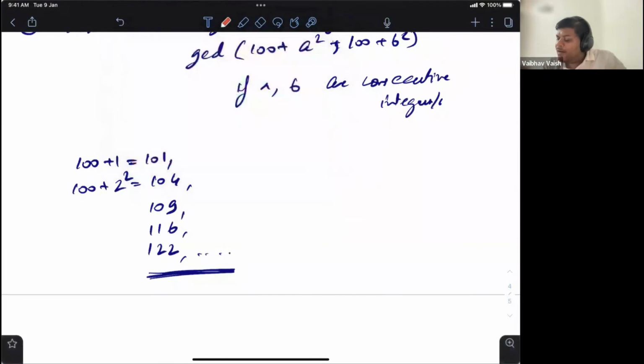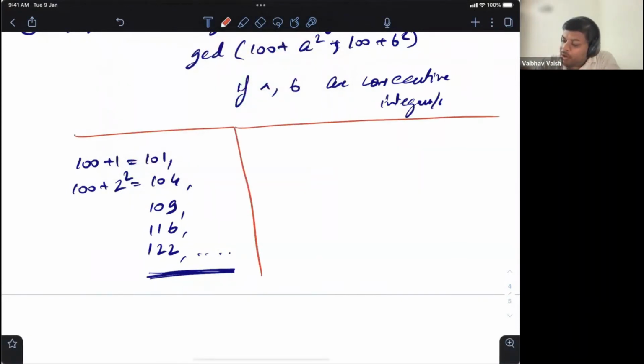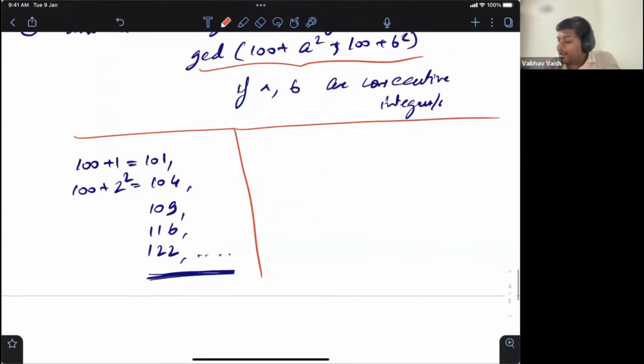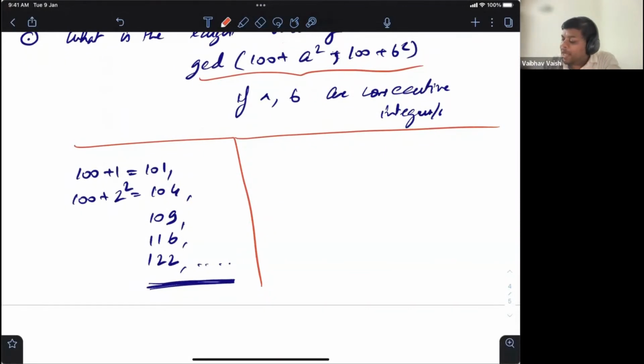So remember what we are trying to do. We are trying to compute this GCD, which we want to be the largest possible. And A and B we want to be consecutive terms in the sequence.